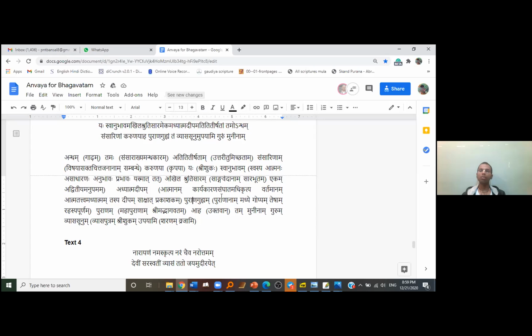That amongst all the Puranas, this Purana, which is Srimad Bhagavatam, is the most confidential Purana. So this is Purana Guhyam. Tesham Rahasya Purnam.